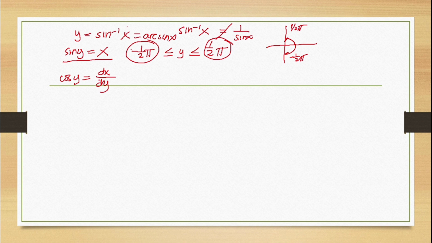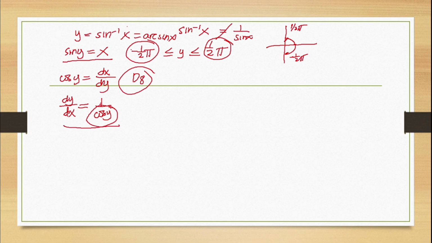By the use of the inverse function rule, we could have dy over dx equal to 1 over cos y. It is being inverted, so dx over dy becomes dy over dx equals 1 over cosine y, based on the inverse function rule. So by the use of the inverse function rule, we come up with this formula.